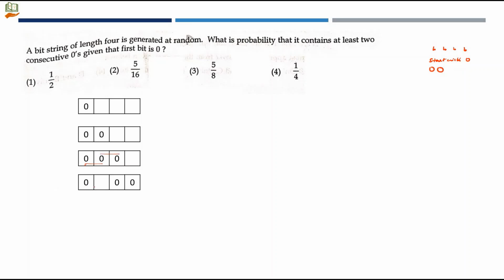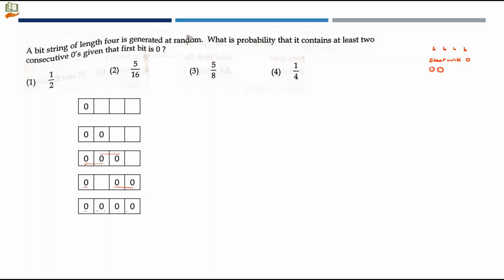Here it is starting with 0 and it is having 2 consecutive zeros. And another possibility is all the 4 bits will be 0. Here also you have the starting with 0 condition fulfilled and the 2 consecutive zeros condition fulfilled. They are saying at least 2 consecutive zeros should be present. So at least says it can be more than 1.